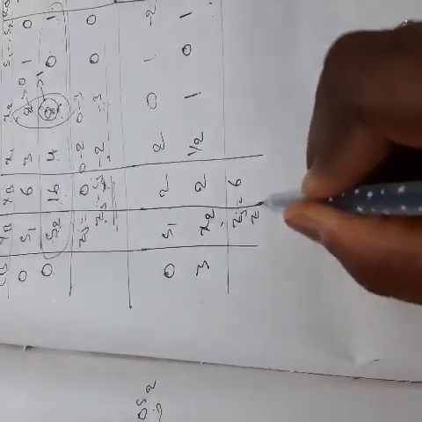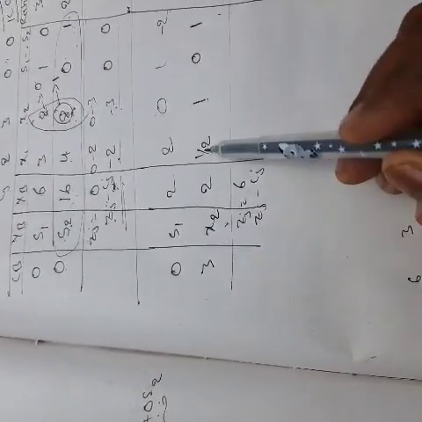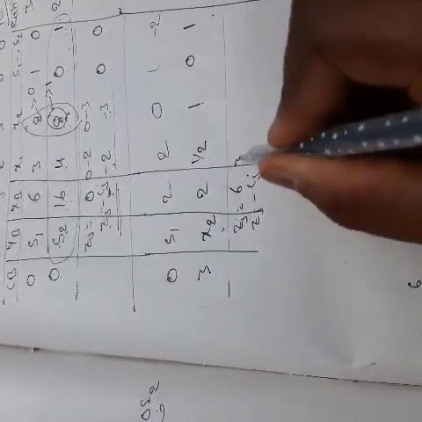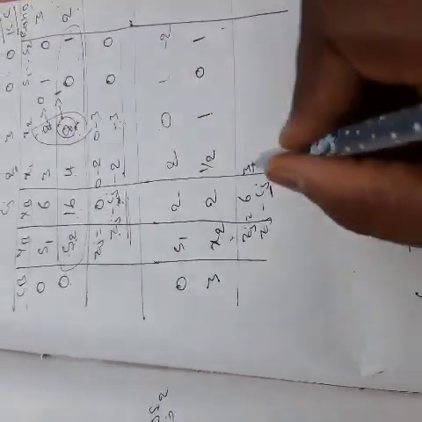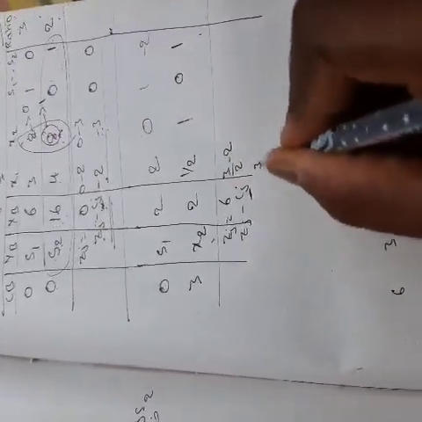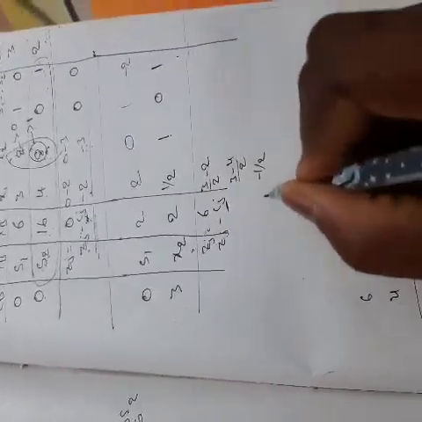And then you have to calculate Zj minus Cj. So 0 into 2, 0, plus 3 into 1 by 2, 3 by 2, minus Cj, minus 2. 3 by 2 minus 2 is minus 1 by 2.